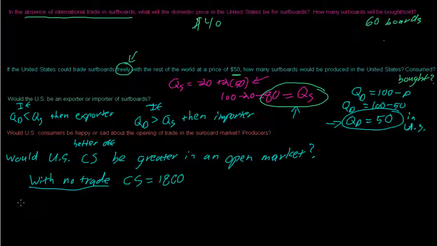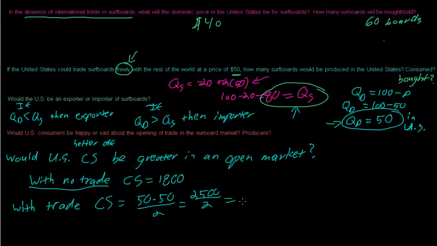With trade, consumer surplus is equal to 50 times 50 over 2. Well, 50 times 50 is 2,500 over 2, which, correct me if I am wrong, is 1,250.